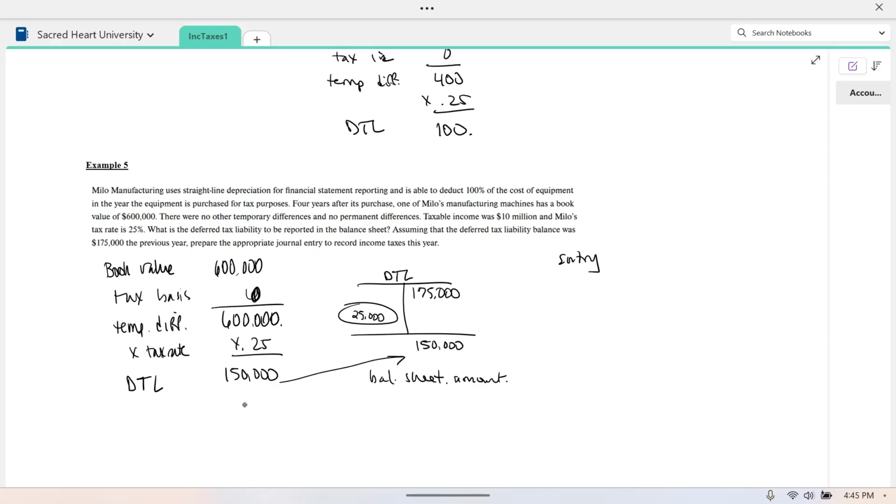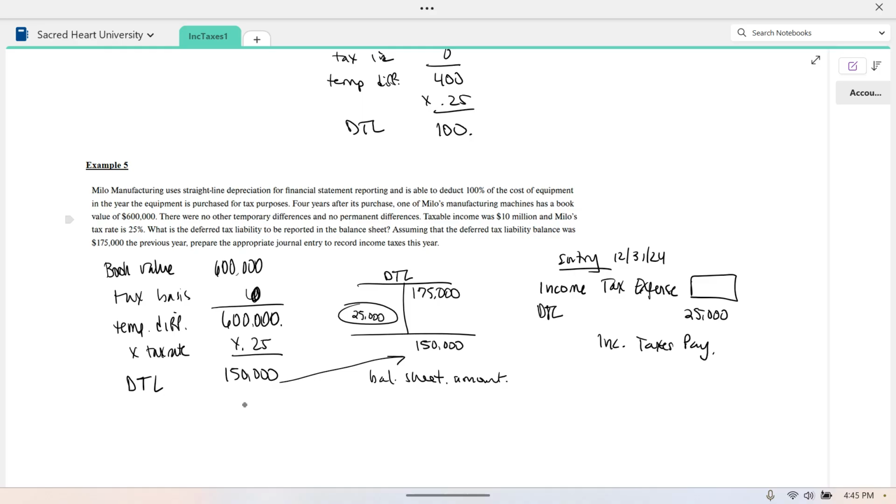So in our journal entry on 12/31/24, we're going to have some amount of income tax expense. We need to debit to reduce the deferred tax liability account by 25,000. And we have income taxes payable that are going to increase.